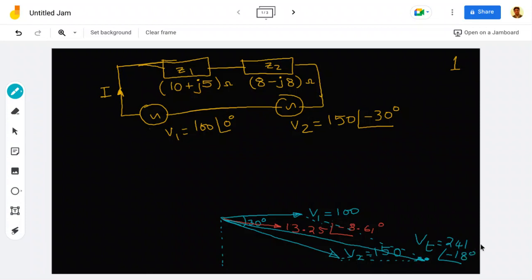So really utilizing the formula of the slide also. Yeah. So now, what can we draw next? We can draw what is the voltage drop of Z1 and what is the voltage drop of Z2. Okay. So let us do that.